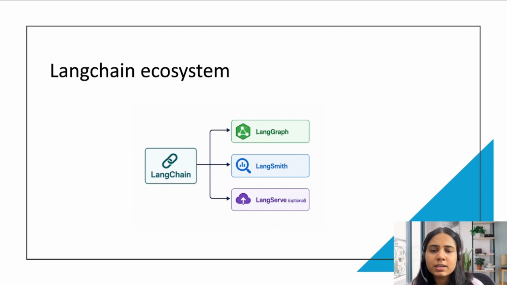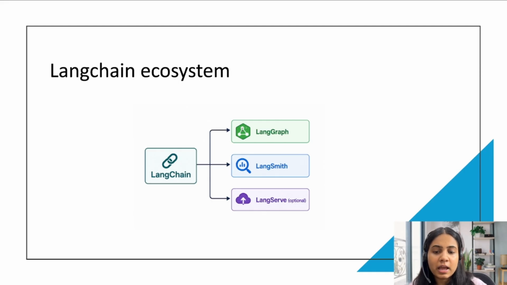The next topic is the LangChain ecosystem. We will not go in depth, just see it at a high level. LangChain is the core framework here. As our application becomes more advanced, it provides some additional tools as well.